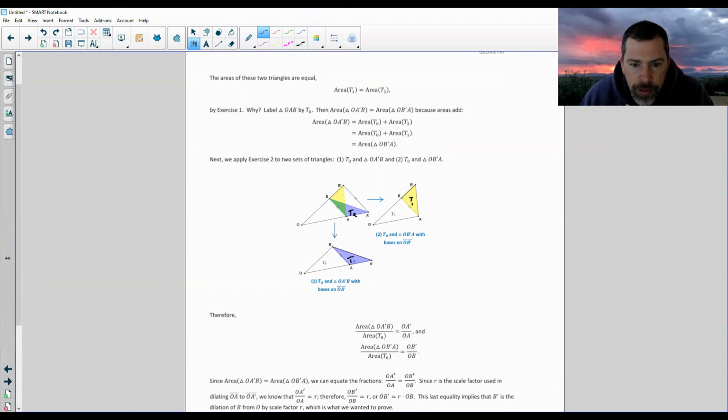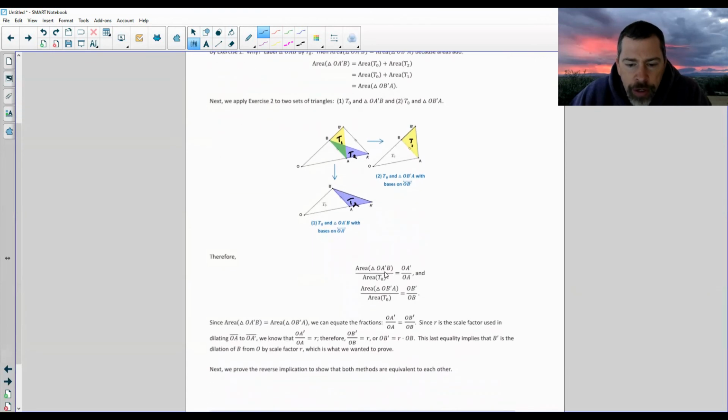So this is T2, T1, and they overlap with that green. Okay. So since the area of O A prime B equals T naught plus T2, and area of T naught plus T1 is equal to that as well, then it also equals the area of O B prime A, which is this.